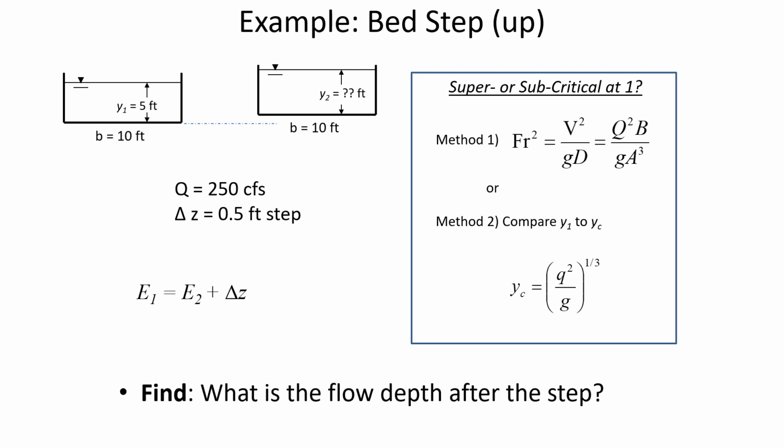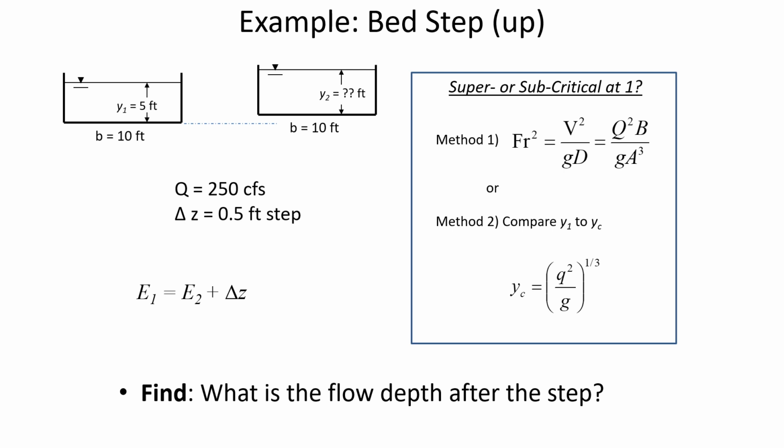But here, if we want to calculate the lowercase q, it would be the flow rate, which we know to be 250 CFS, divided by the width of this channel, which is 10 feet. So the lowercase q, flow per unit width, is 25 feet squared per second. Once we know that, we can calculate the critical depth y sub c.